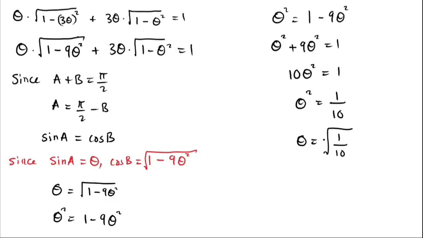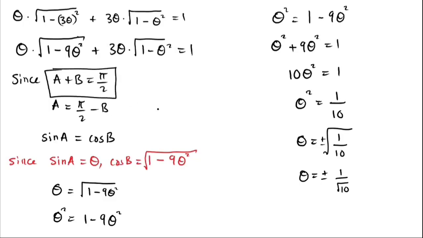Now this is a plus or minus, so you can write it as theta is equal to plus or minus 1 over root 10. Now remember, according to this expression, we said a plus b is equal to 90.